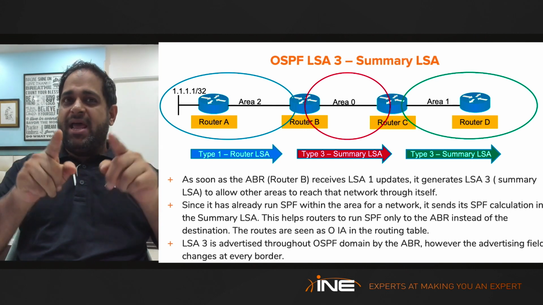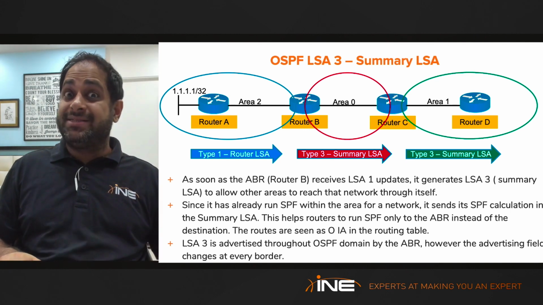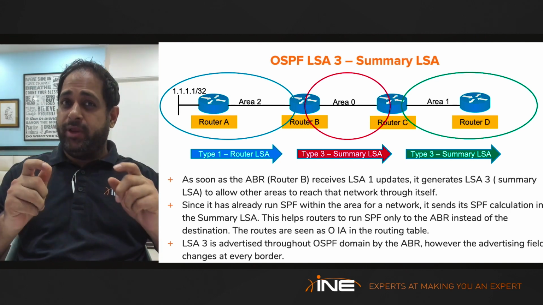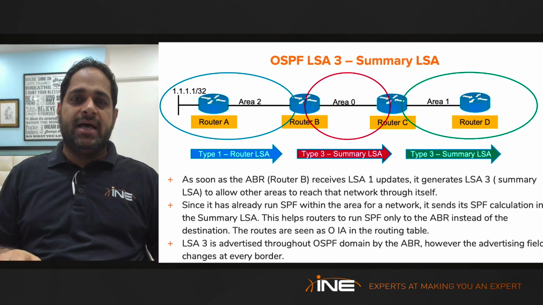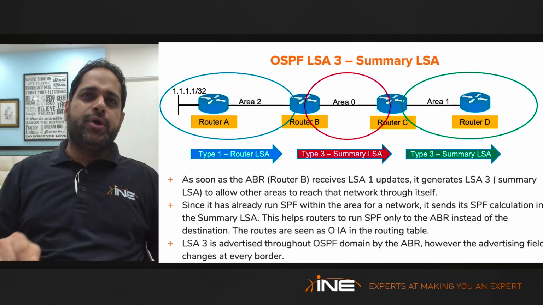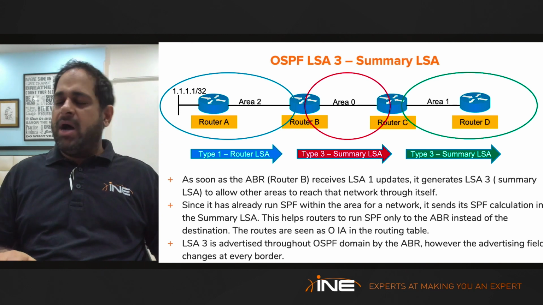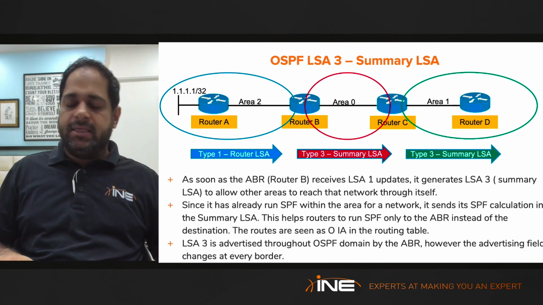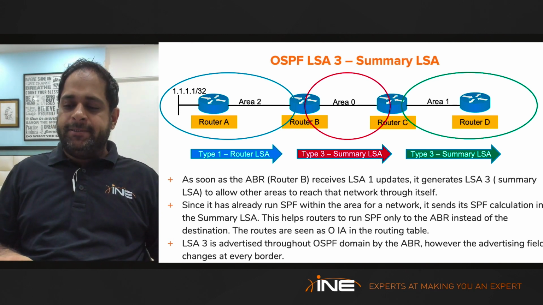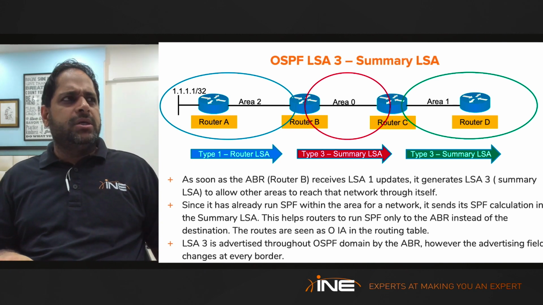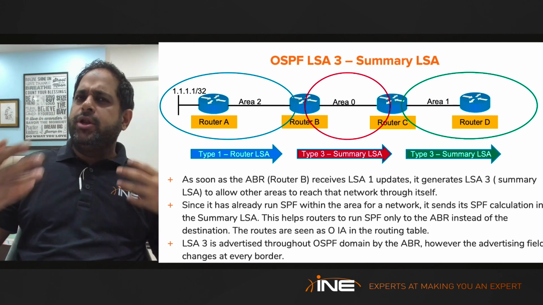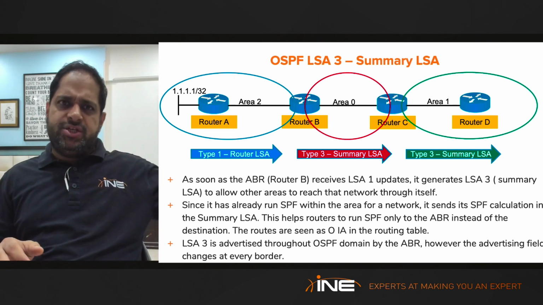But now when I have multi-areas and router C is changing the LSA 3 to himself as the advertising router, what's going to happen? I'm sitting at home, I need to reach Las Vegas, and I don't need to find how much it is going to cost me to reach Las Vegas.